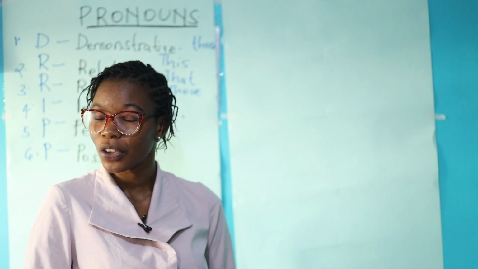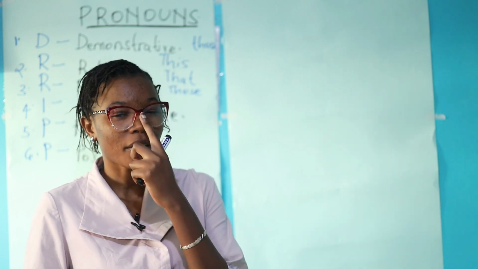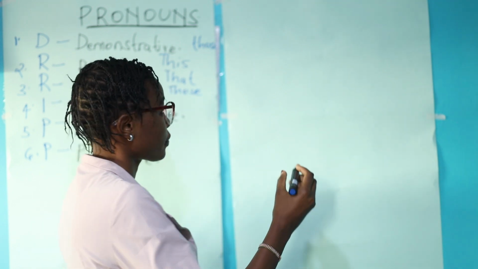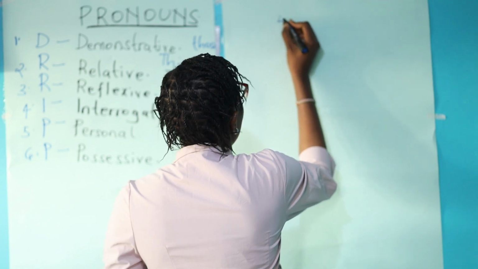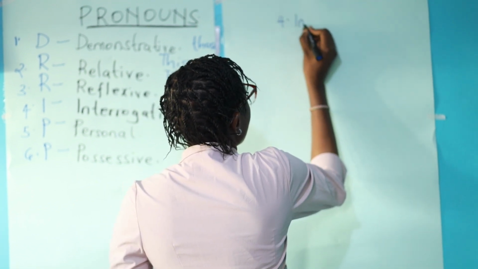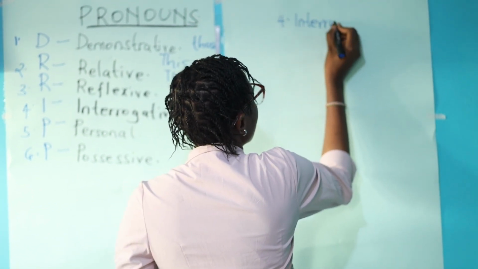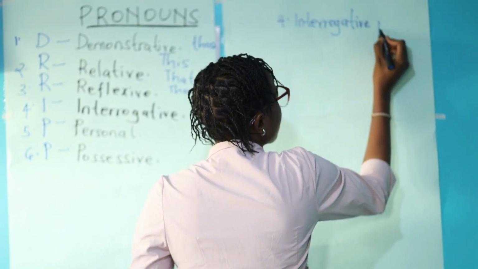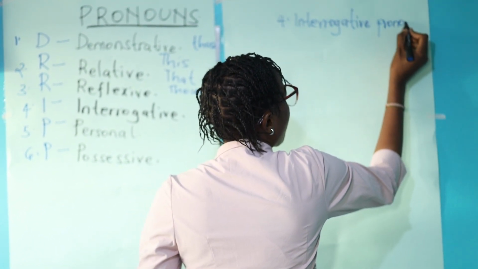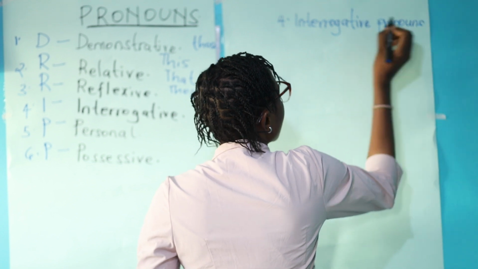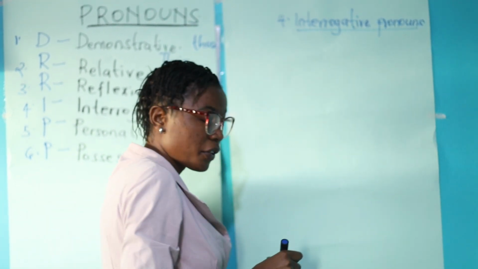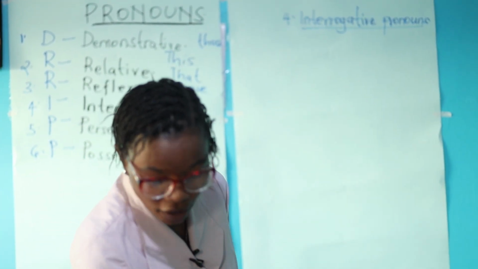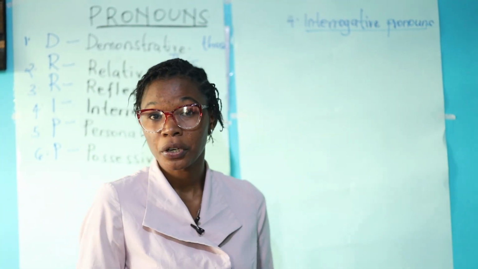Having looked at the three types of pronoun, now let us go to the fourth one, that is interrogative pronoun. From the word interrogative, can we tell what an interrogative pronoun is?